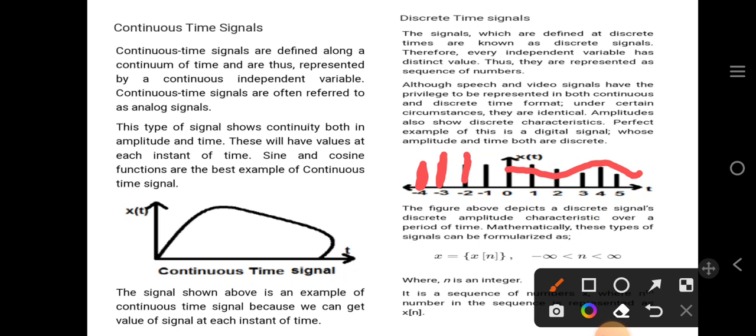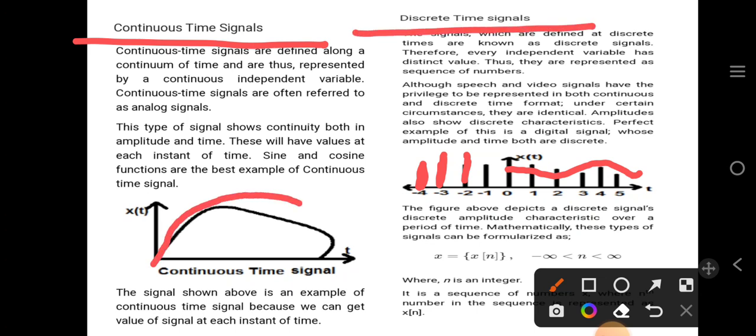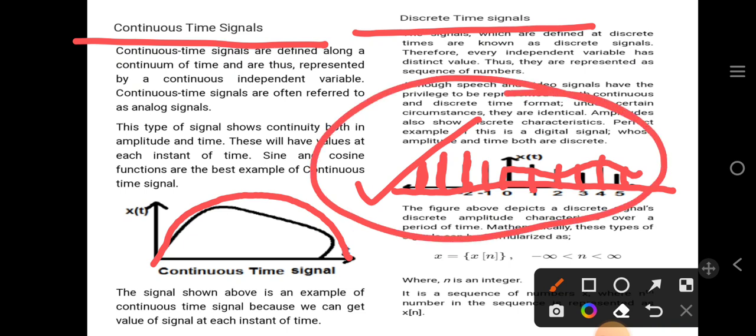There are two types of signals, a continuous time signal and a discrete time signal. In a continuous time signal, values vary according to time, and the signal is continuous. Here the values also vary with time, but the signal is not continuous. It has a discrete value at different times. So this is the discrete time signal. In DSP we have to deal with this type of signal.